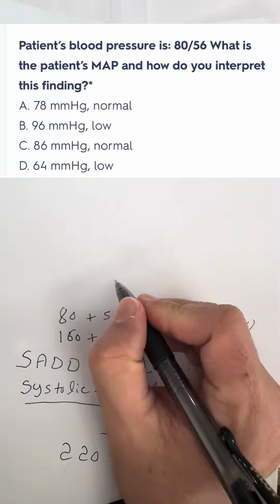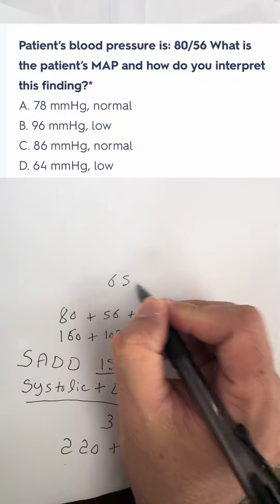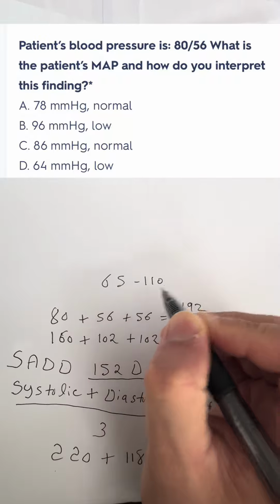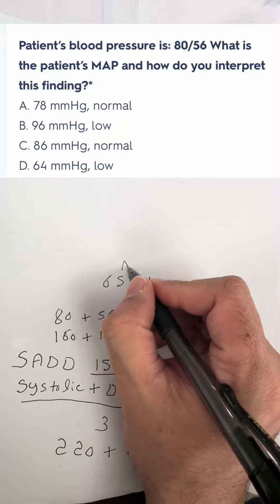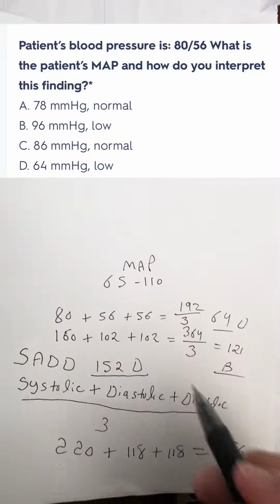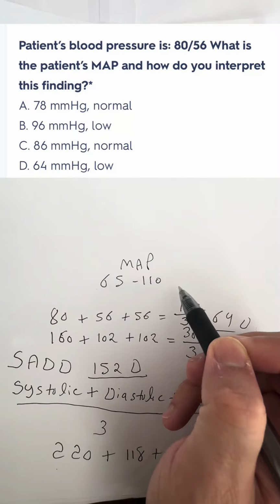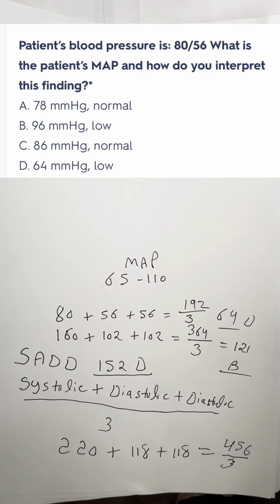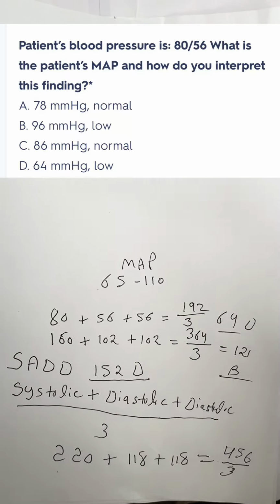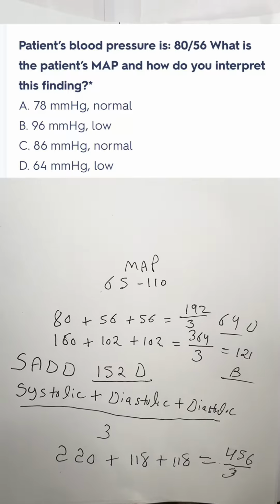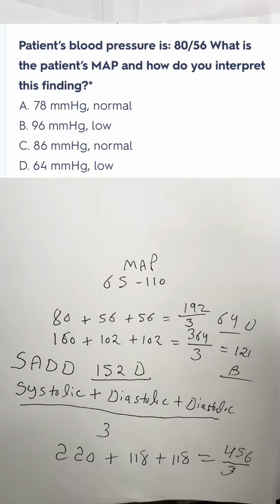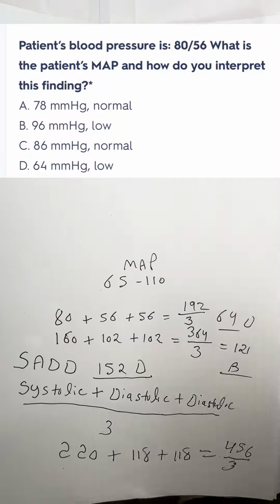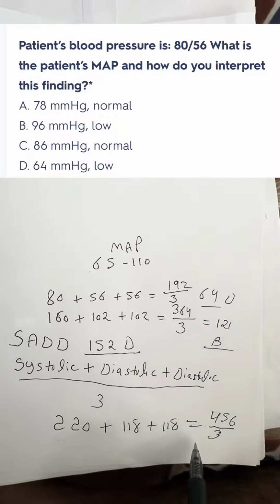As I mentioned, if your number is between 65 and 110, that's a normal mean arterial pressure. If it's less than 65 or greater than 110, that means it's going towards organ failure, because the organs are not receiving enough perfusion.